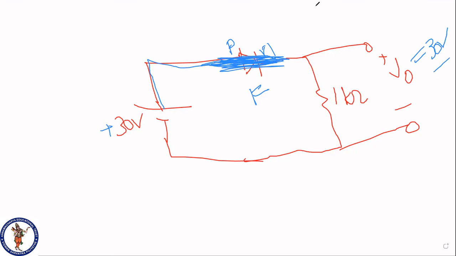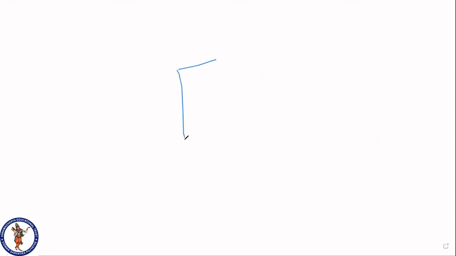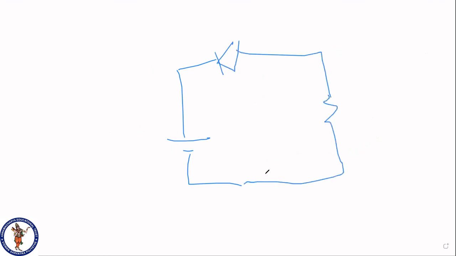In the same way, if the diode is in reverse bias and there is 1 kilo ohm, we have to find this voltage, and the applied voltage is 30 volts. Now in this particular problem, this is the N type and this is the P type.